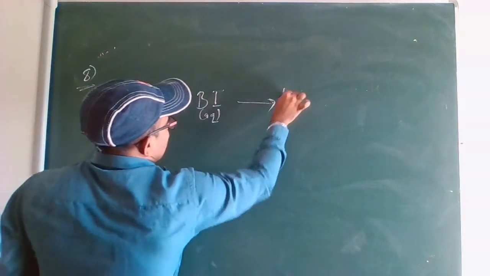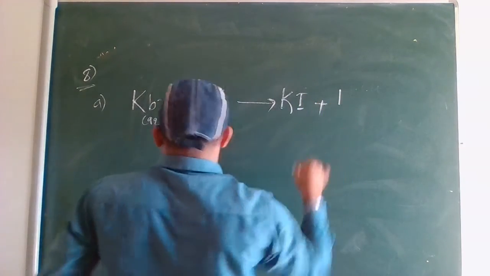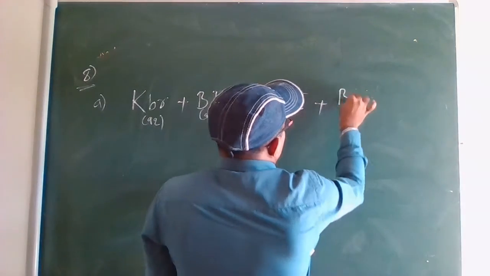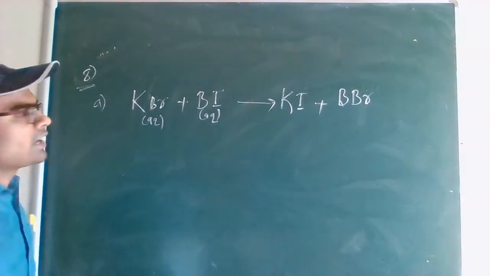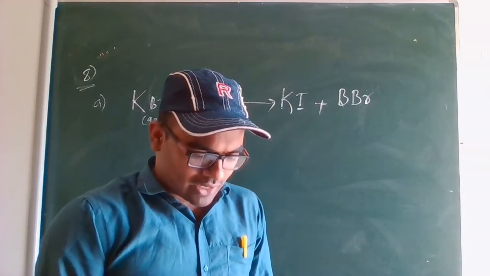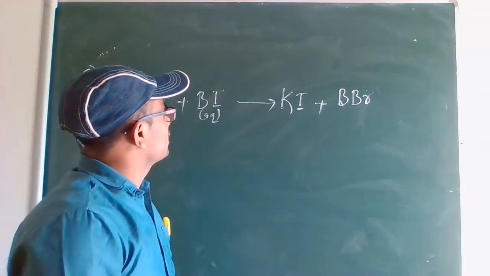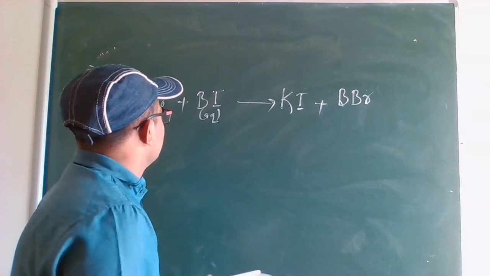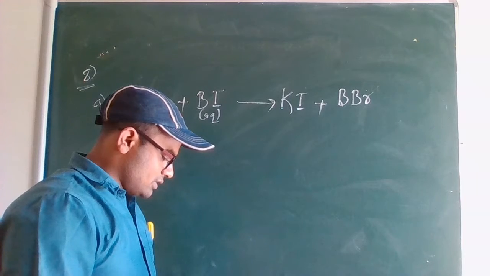KBr reacts with barium iodide to give potassium iodide plus barium bromide, BaBr2. So you can write the equation. Identify the type of reaction. Balanced equation, I think it is balanced, no need to worry. So I think BaI2 will come, KI is there, BaBr2 will come, I think. Let me check. Okay, so this is question number 8.